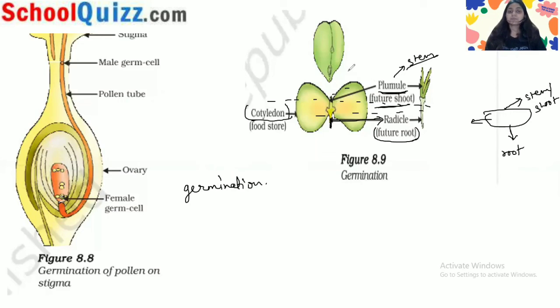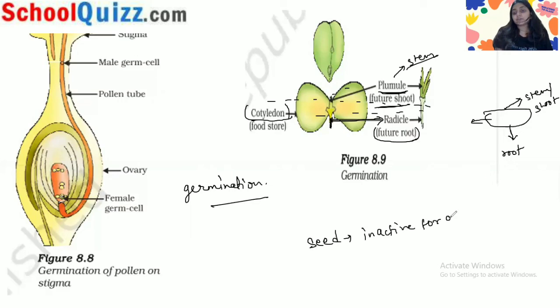So this is germination, and the seed has the quality of being dormant or inactive for a long time. If the seed is in a packet, like a tomato seed or brinjal seed that you buy, it cannot grow there.